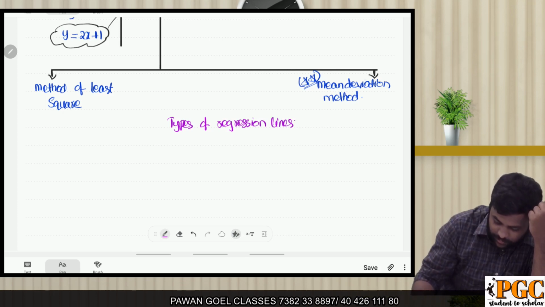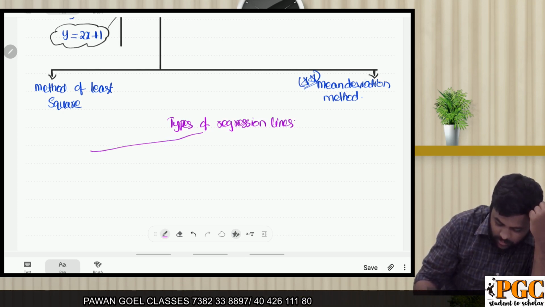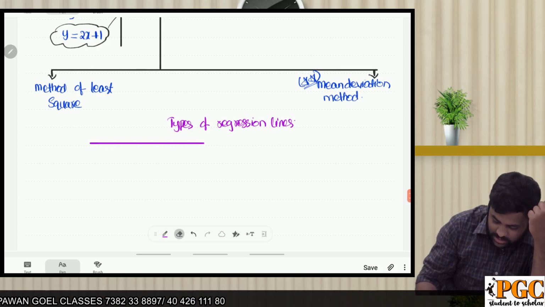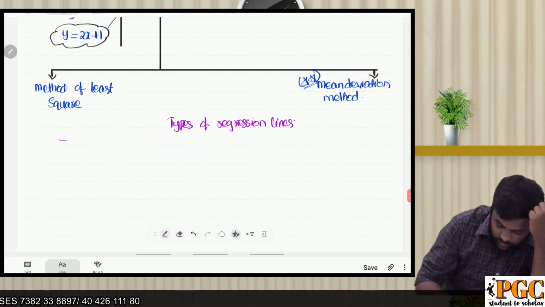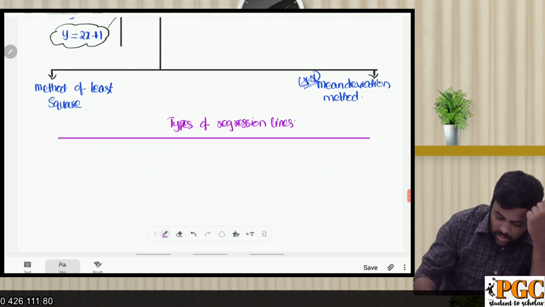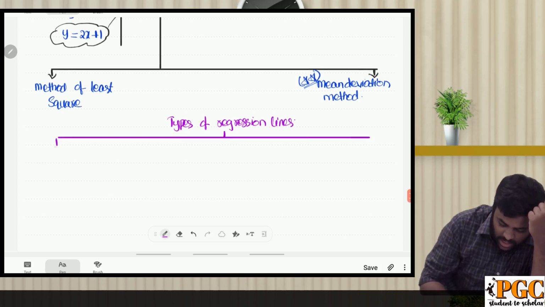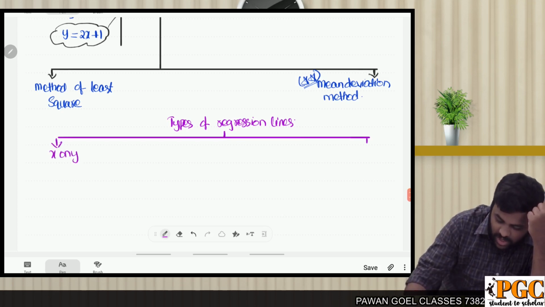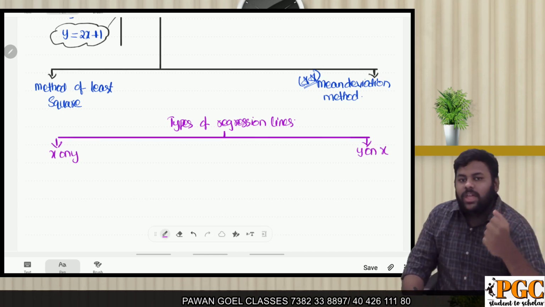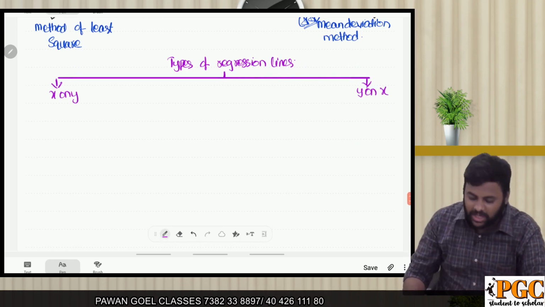The two types of regression lines are x on y and y on x. Now what is x on y? What is y on x?